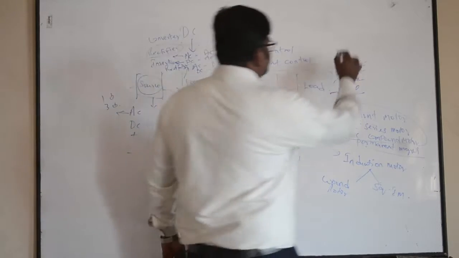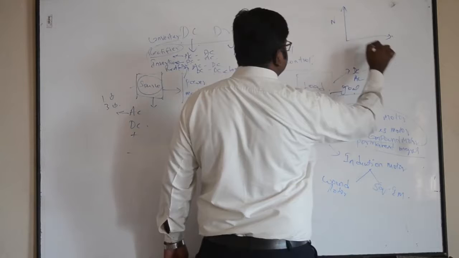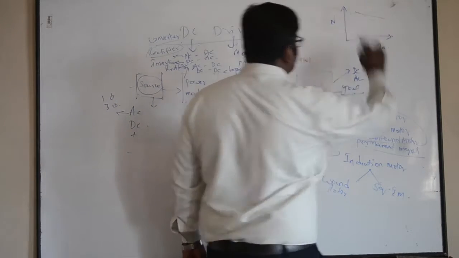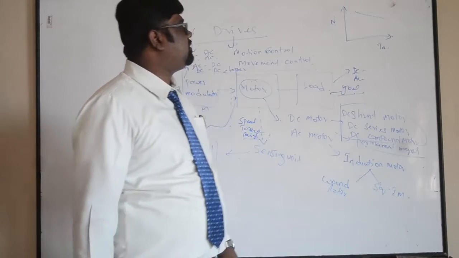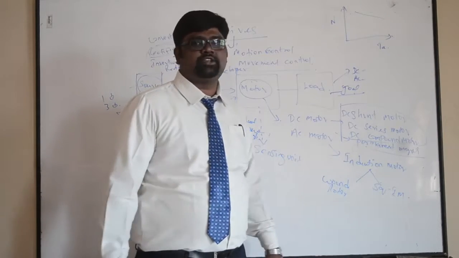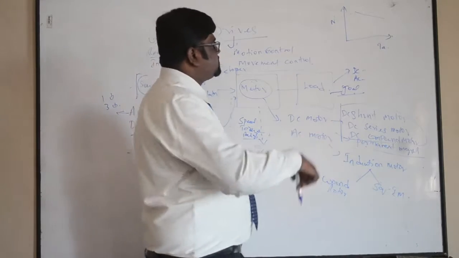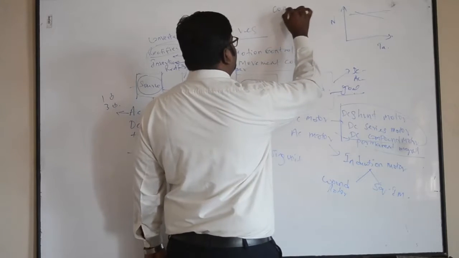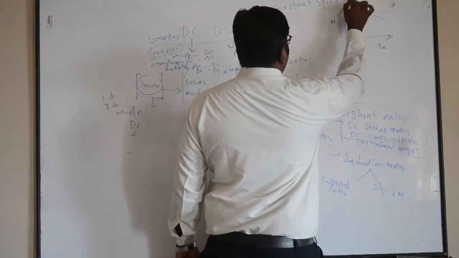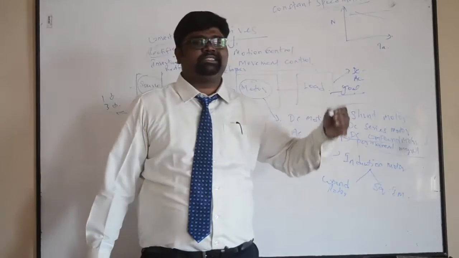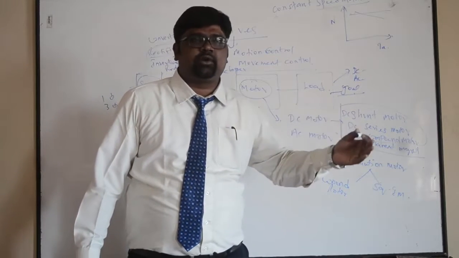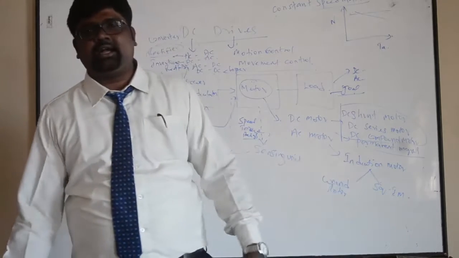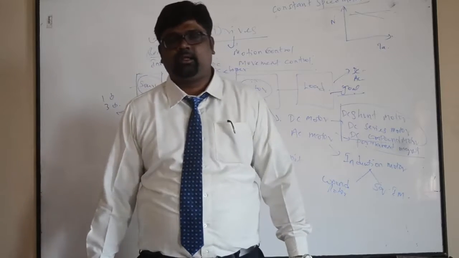We will see, if you take speed versus torque, these are the basic mechanical characteristics of the shunt motor. The shunt motor is also called the constant speed motor. Just analyze it: where can this shunt motor be used in the industry? For example, we can take the lathe industry.